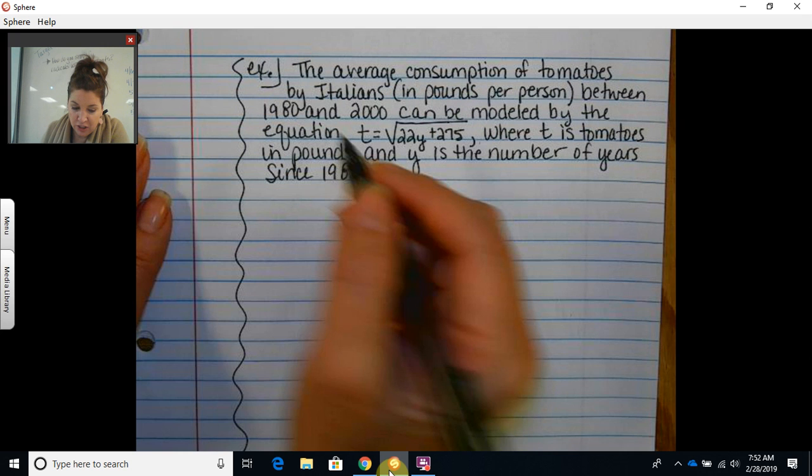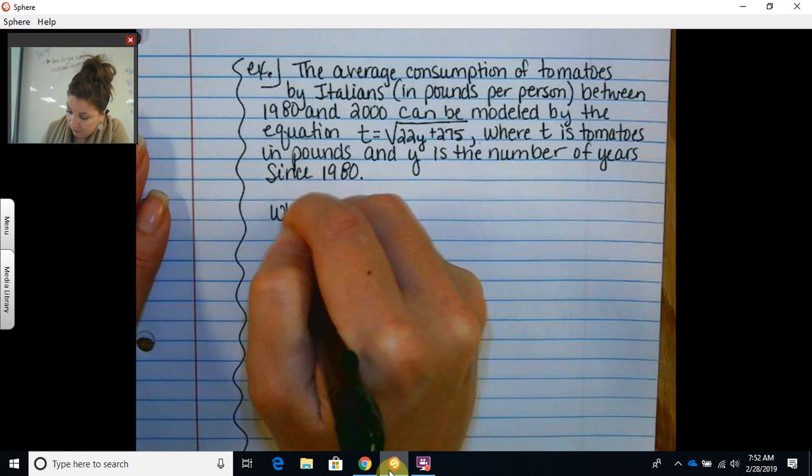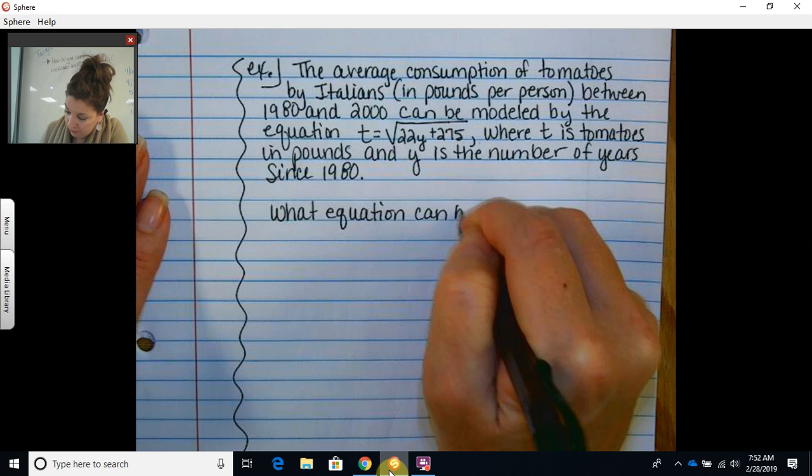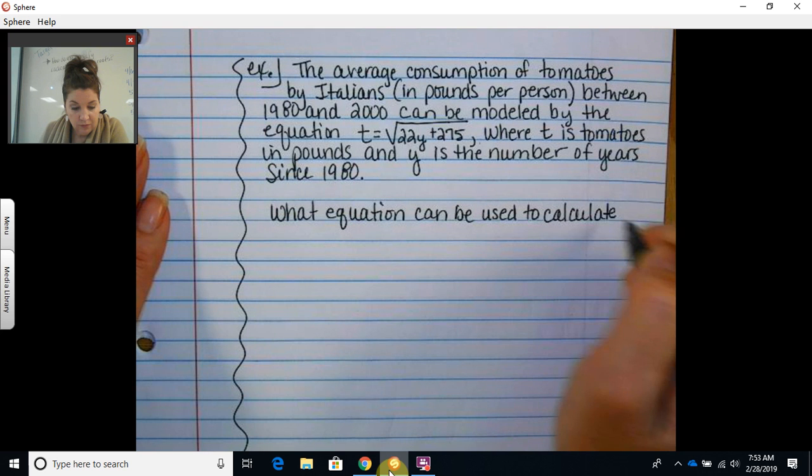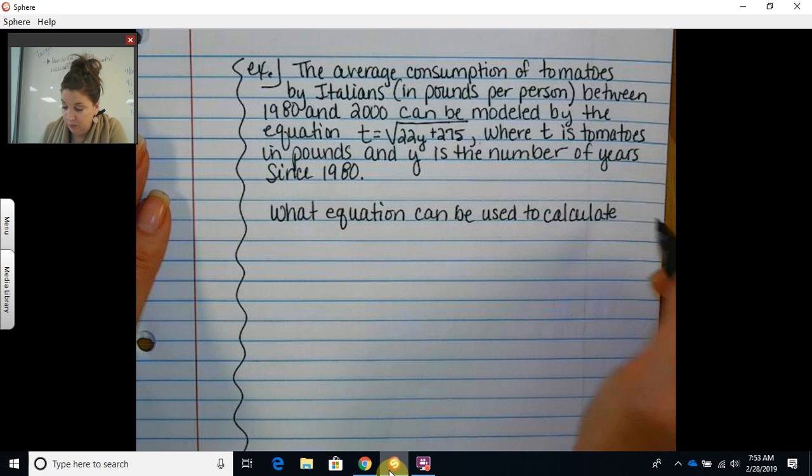What equation can be used to calculate the year when a specific number of pounds of tomatoes were consumed?